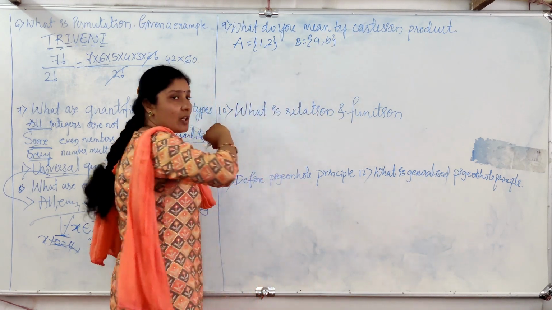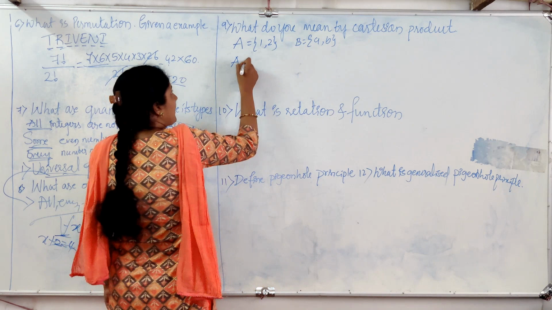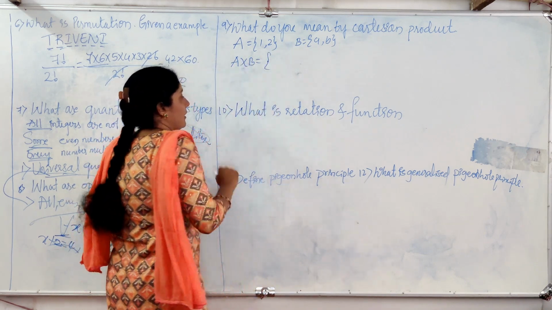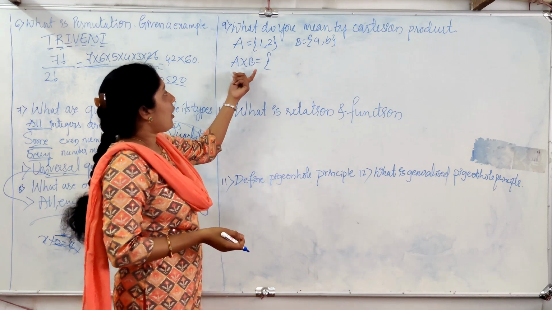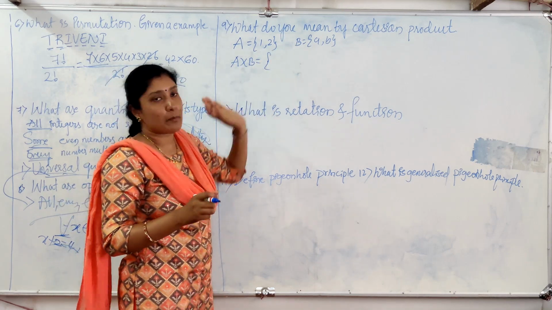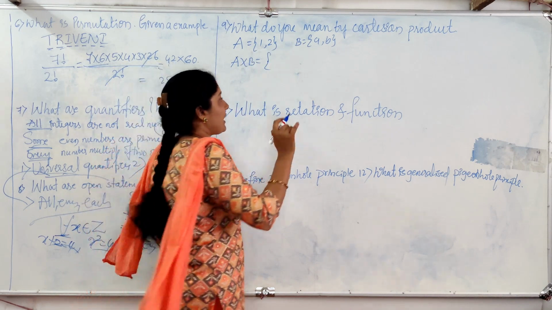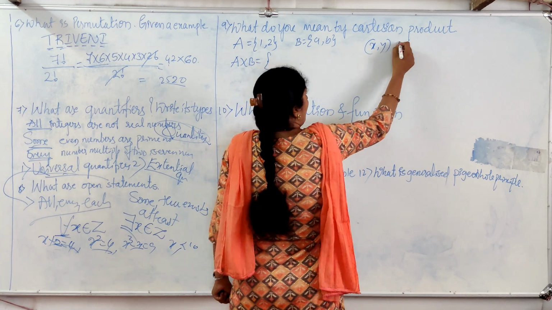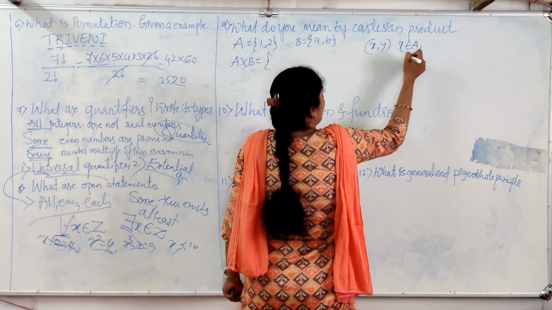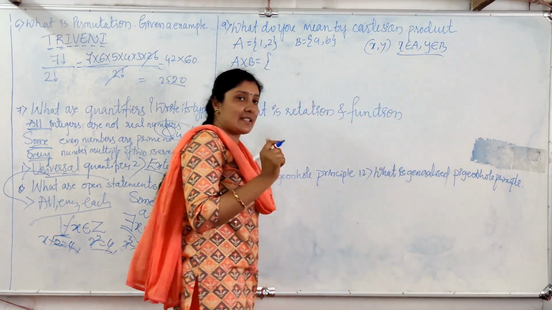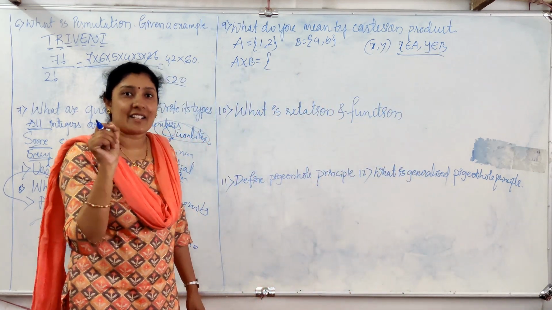The Cartesian product of these two is indicated as A cross B. It is the ordered pairs of the elements of A and B. The definition is: ordered pairs (x, y) where x belongs to A and y belongs to B. Such a set is called the Cartesian product.